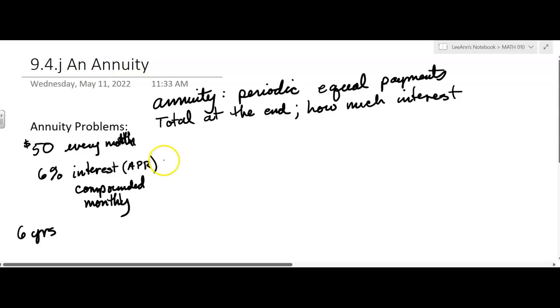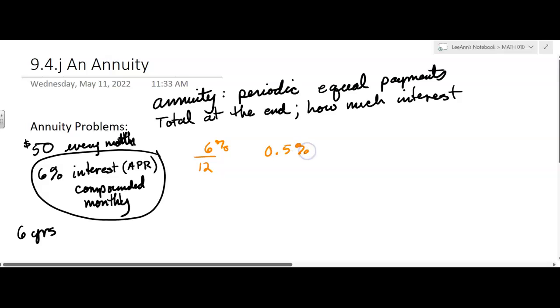So the first thing you have to do, you have to deal with this right here. So if it's 6% APR, you have to divide that by 12 because you're compounding it monthly. So that's going to be 0.5%, okay?